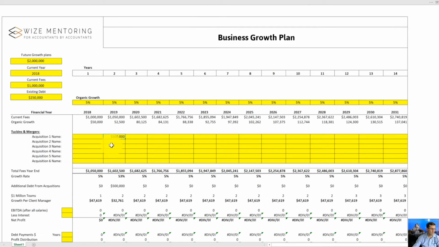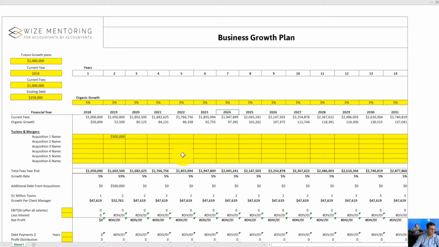So we place $500,000 in there, and you can see now that we're getting closer. It looks like we're going to hit the $2 million mark in around 2024, so in around 7 years from now, based on that.